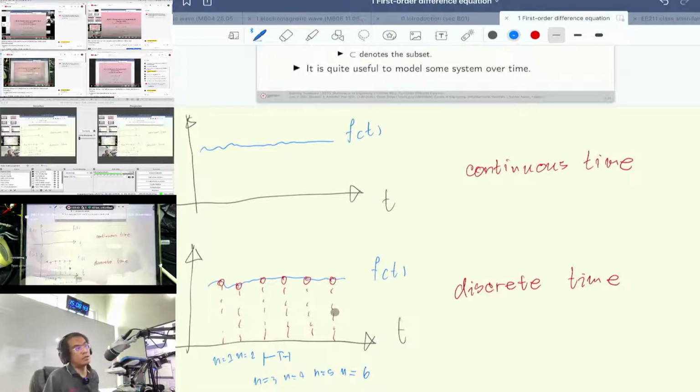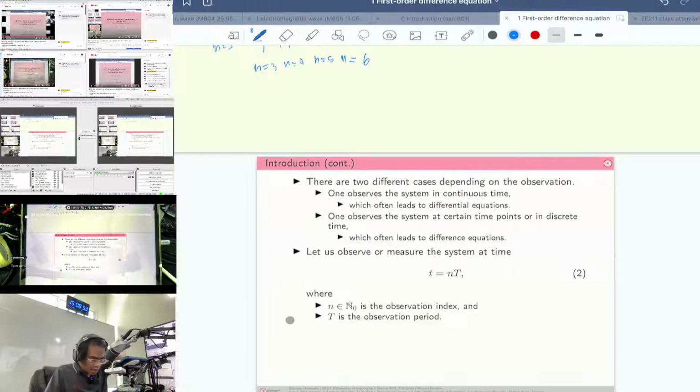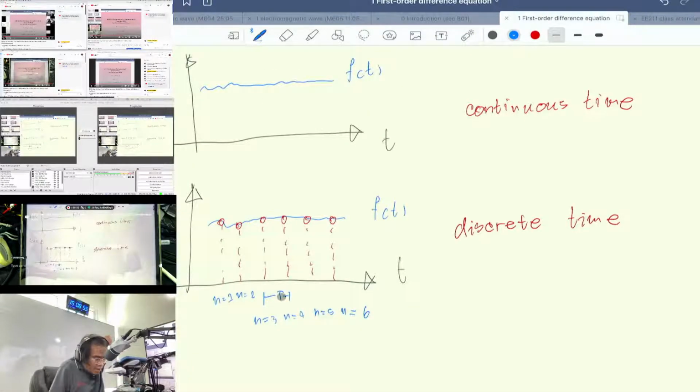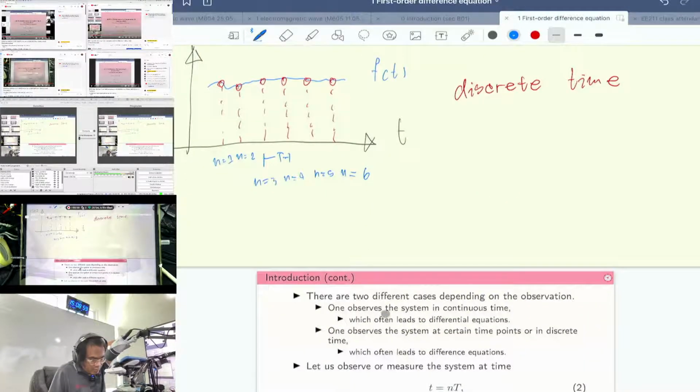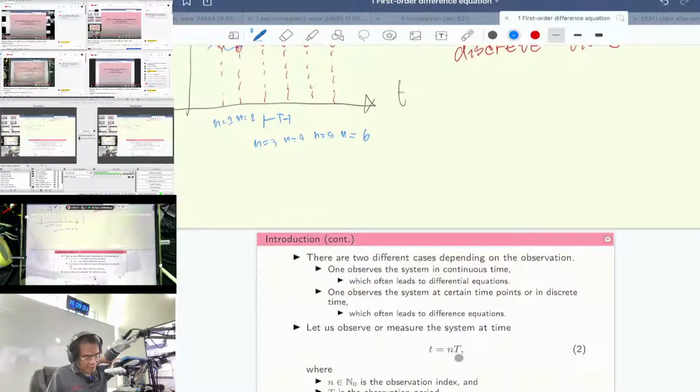In terms of electrical engineering, we say we do sampling, or we sample. Pick up any value, but in a discrete time like this. Of course, the period of picking up samples will be T.